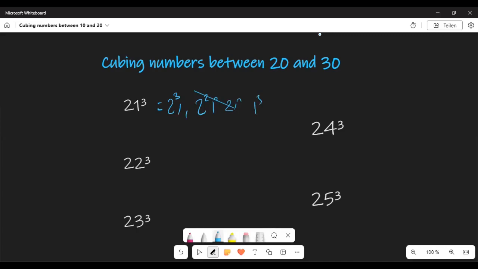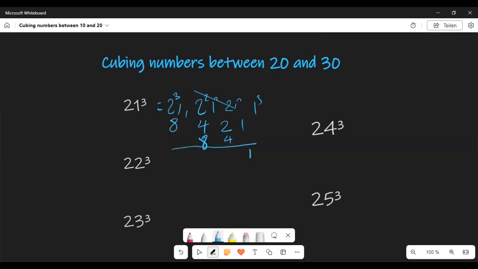So what we have here is 2 cubed, which is 8. We have 2 squared, which is 4, and then we have 2, and then we have 1. And as we did in the previous video, we take the first, the second, and the third one, and multiply by 2. So 4 multiplied by 2 will give us 8. 2 multiplied by 2 will give us 4.